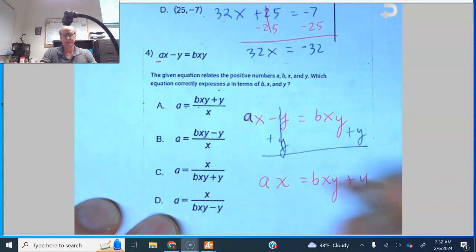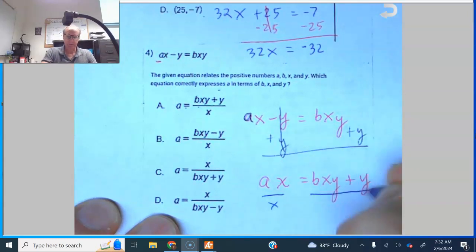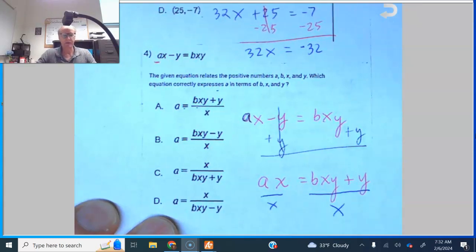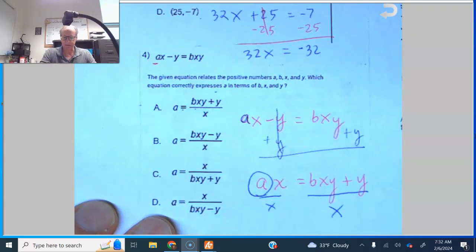You can't add these two things because they're not like terms. You could factor out the y, but you don't need to. Your last step is to divide by x, and then you get your answer. It looks like it's there, and you can move on because we have a by itself.